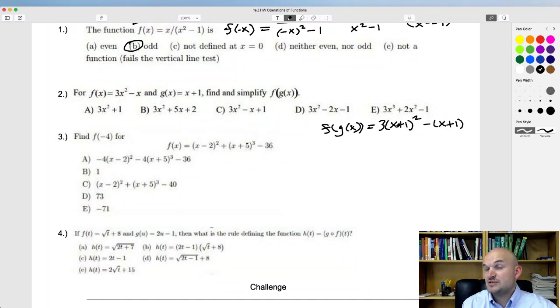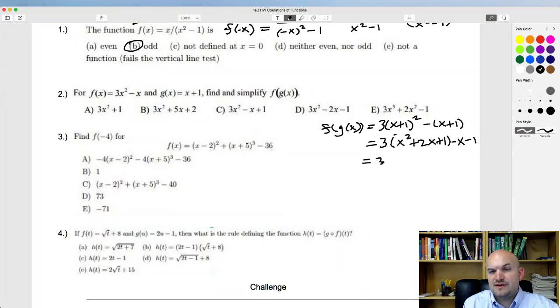Okay, so x plus 1 squared, I can expand that. Hopefully you can follow me here. x squared plus 2x plus 1, and remember, that's all multiplied by 3. And then here I can also distribute the negative. All right, let's distribute this 3 here.